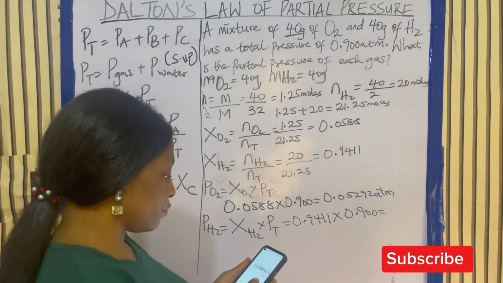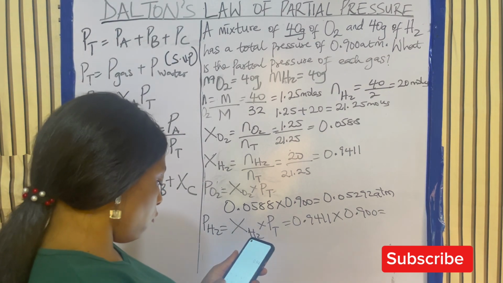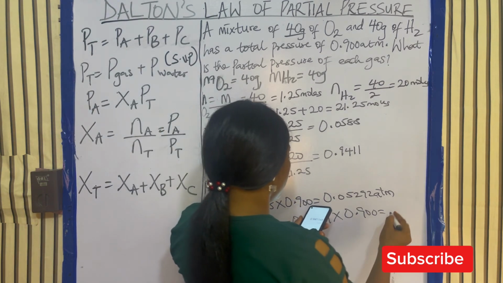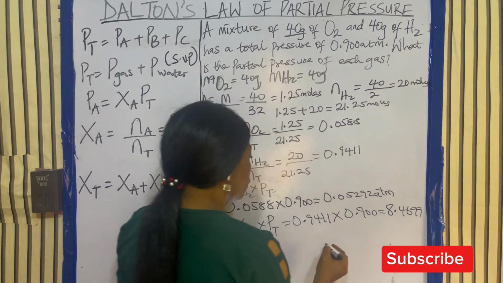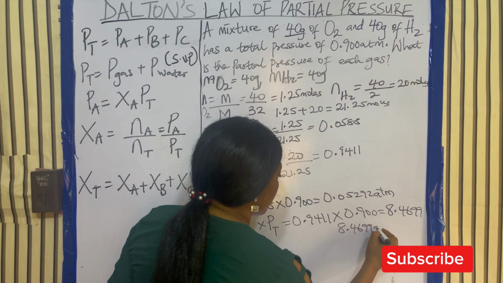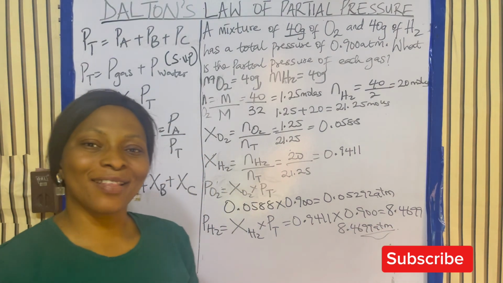Then for this one, you have 0.9411 multiplied by 0.9, so you have this to be 0.8470 atm. That is the answer. Isn't that simple?